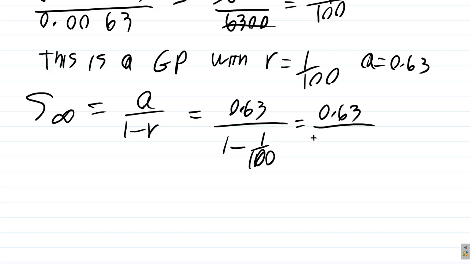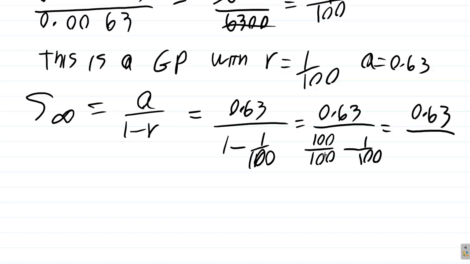That would be the same as if we use common denominators. 1 is 100 over 100 minus 1 over 100. This is 0.63 over, now 100 hundredths minus 1 hundredth gives you 99 hundredths. So it's 99 over 100.